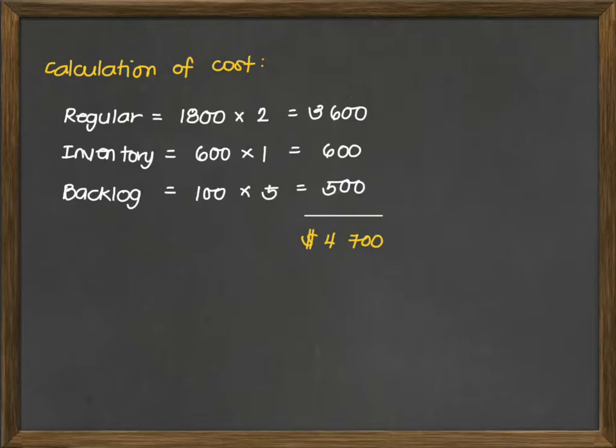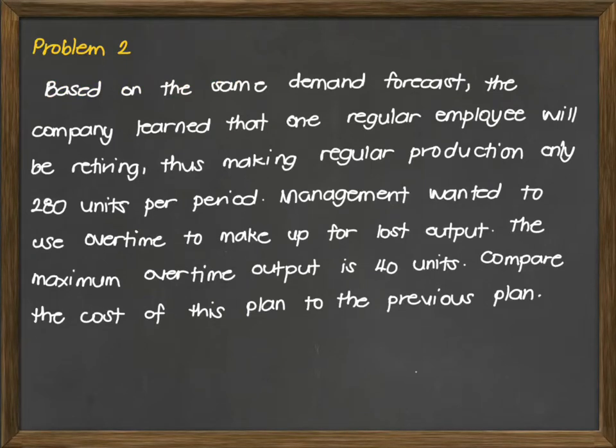Now, let's move on to a second example. So, using the same setup from the first example, the only change here is that one of their regular employees will be retiring, thus making the regular production only 280 units per period.